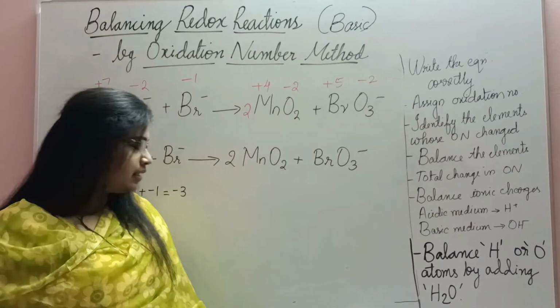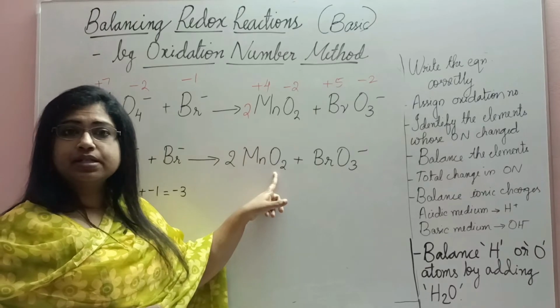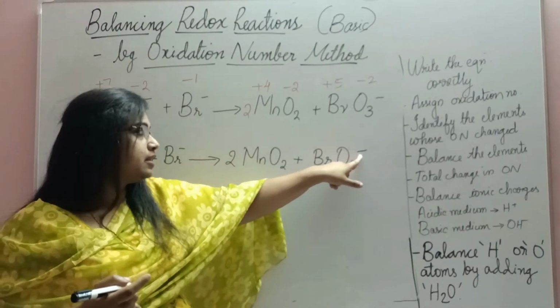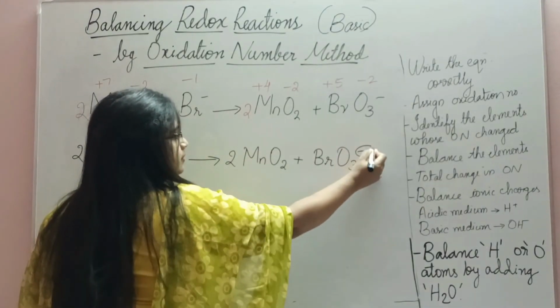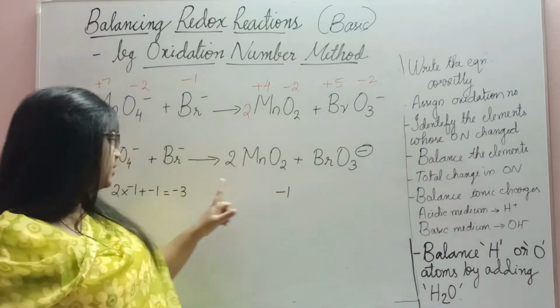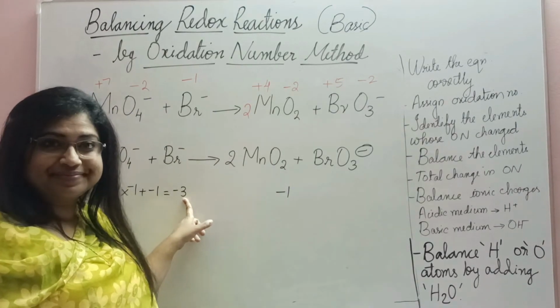Now here on this side, manganese dioxide is a neutral species, no charge. For bromate ion, there is a -1 charge. So here the ionic charge is -1, here the ionic charge is -3.